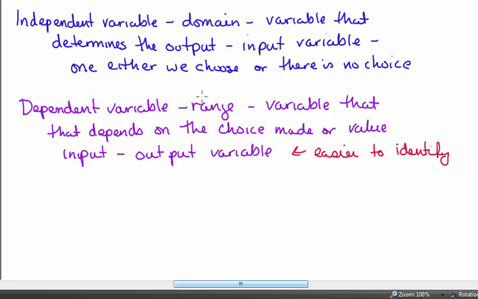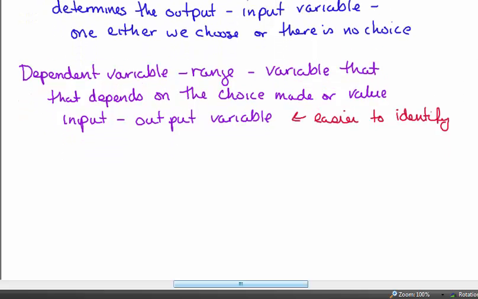So sometimes it is easier to identify the dependent variable than the independent variable. All right, so we are going to do some examples where we are going to identify the dependent and independent variables.